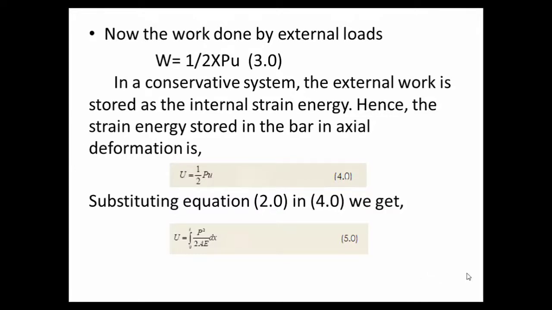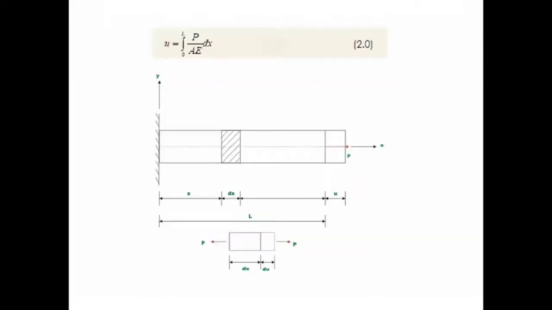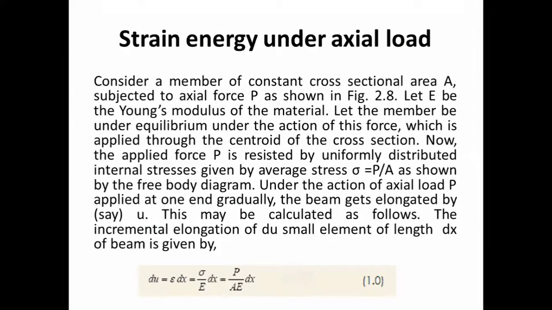So it is a very simple derivation. I will just repeat it in short. We considered one small part of length dx. Load, which is capital P, is applied, and we get deformation du for the small part. Then we go to the definition of strain: change in length du upon original length dx.